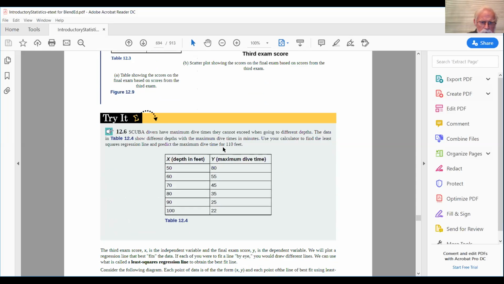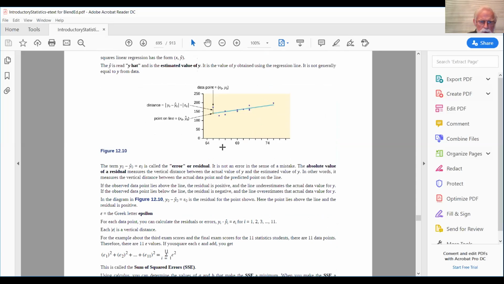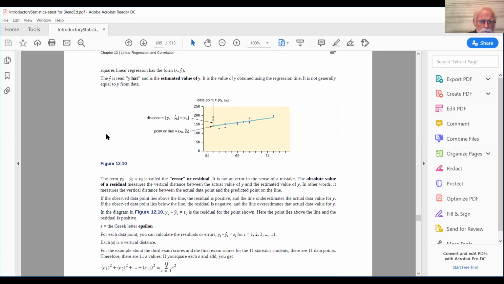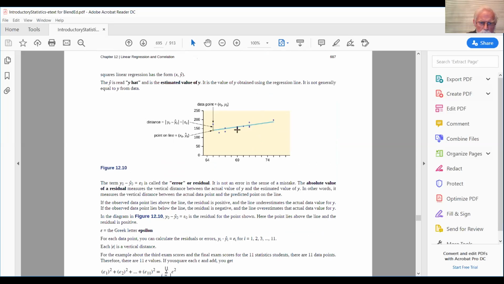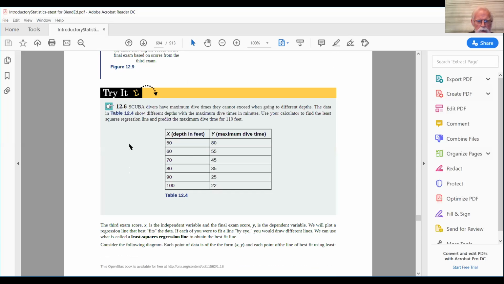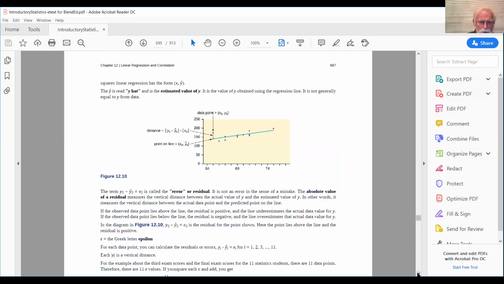Okay, so if we keep going, I want to do this fairly quickly. This is another one where we have a much lower slope. The values in this scuba maximum dive time versus the depth in feet should actually be fairly well related, and indeed in scuba diving they are.